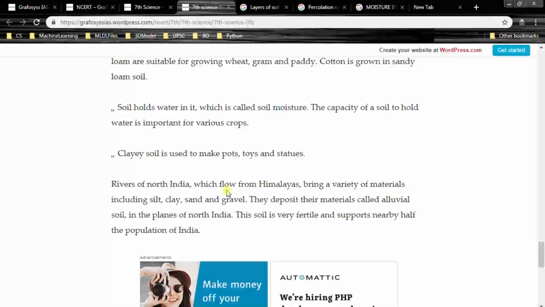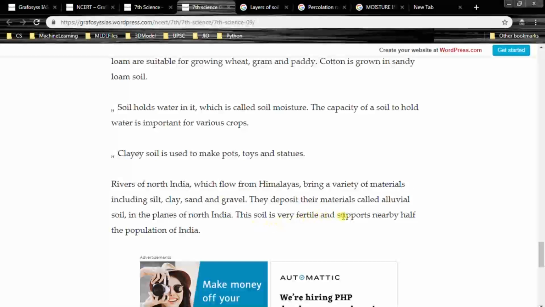Rivers of North India, which flow from the Himalayas, bring a variety of materials including silt, clay, sand and gravel. They deposit their materials, called alluvial soil, in the plains of North India. So remember, alluvial soil in North India at the banks of the river Ganga or Brahmaputra.